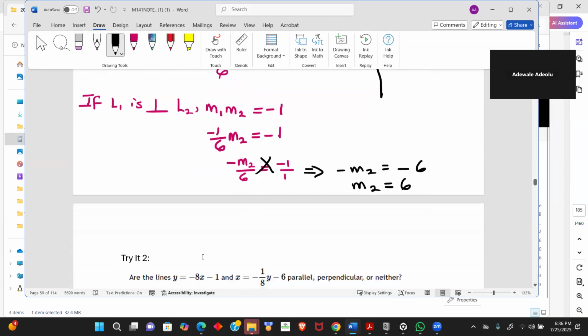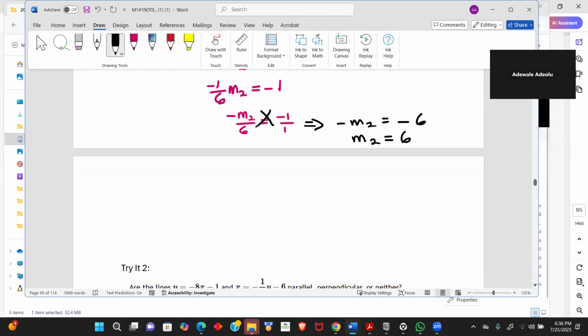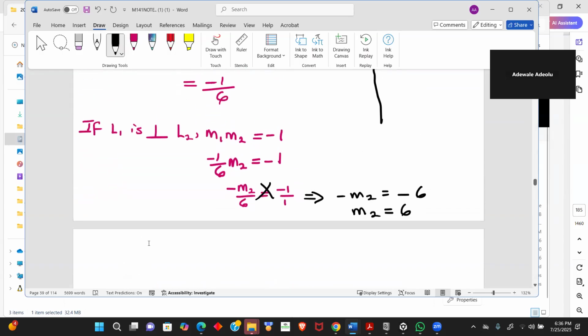Okay, now let us find the equation of that line. Well, now we know that the slope m2 is the slope of line 2, right?